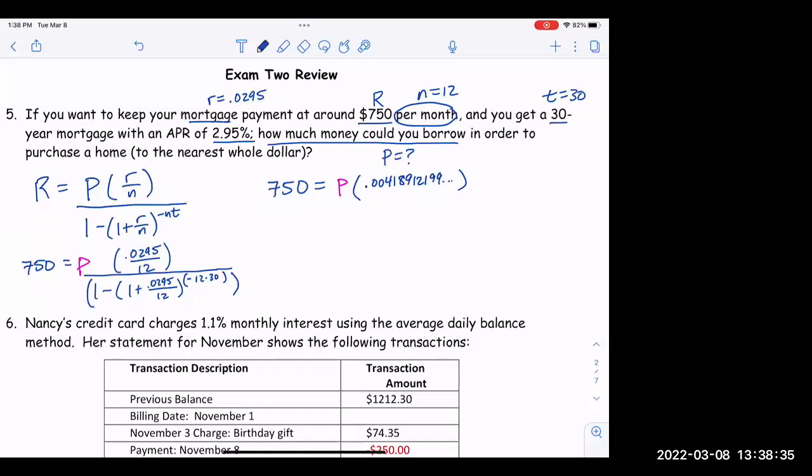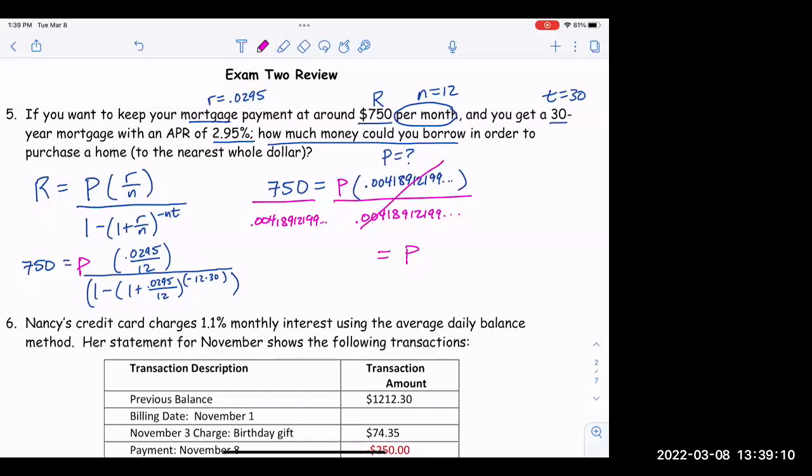I want to get P by itself. So the way that I would do that is I would divide both sides by that number. When I divide both sides by that big long decimal, on the right-hand side it's going to cancel and just leave me with P. On the left-hand side, I'm going to do 750 divided by that.